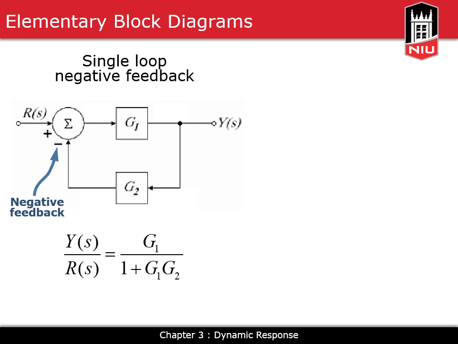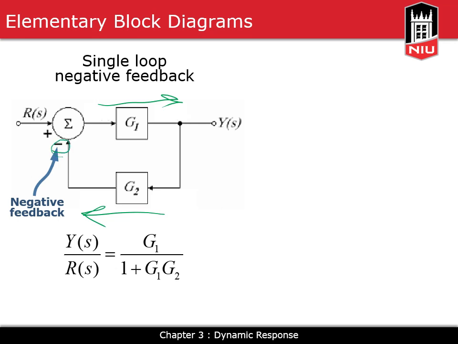Single loop negative feedback. This is very, very important. It shows up frequently in this course because we're talking about feedback control. This is a feedback loop with a negative feedback. If we have a block G1 and a block G2 in this configuration, such that G1 is in the forward path, see the direction of the arrows, and G2 is in the feedback path like this, direction is to the left, and the output of G2 gets added up with R, which is the incoming signal, with a negative sign.